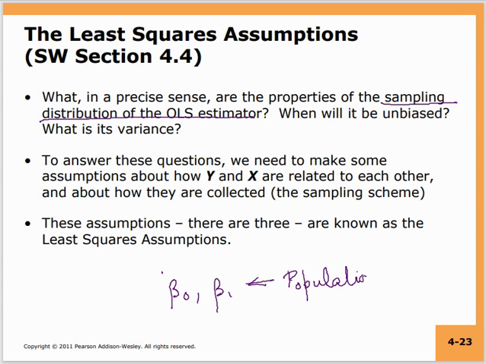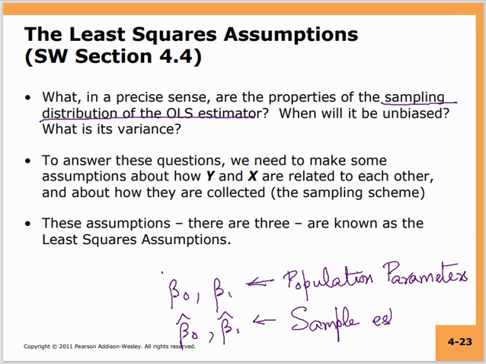We don't know these parameters. We want to know these parameters, but we don't have access to all the data in the population. So we estimate them using beta 0 hat and beta 1 hat, which are the sample estimates, right? Sample estimates from a given sample.